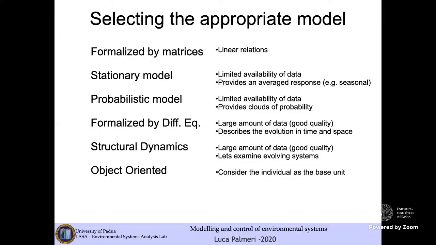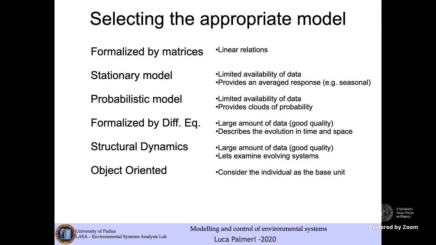And then the last question is, may you be happy with an object-oriented model? You may be happy with an object-oriented model if you consider the individual as the base unit of a model. Typically, population dynamic models are object-oriented models whose objects are exactly elements of a population.